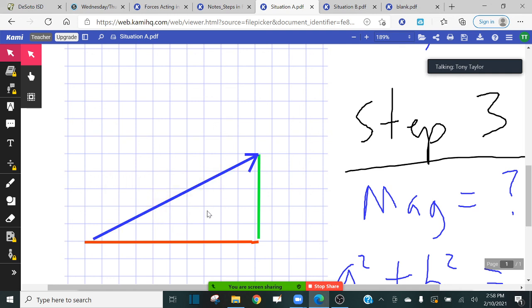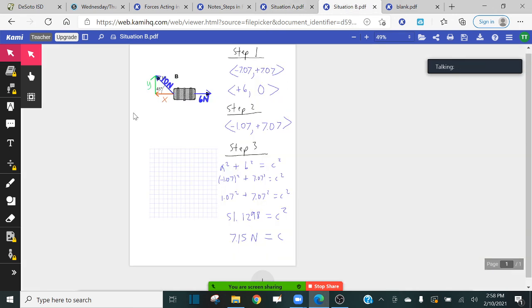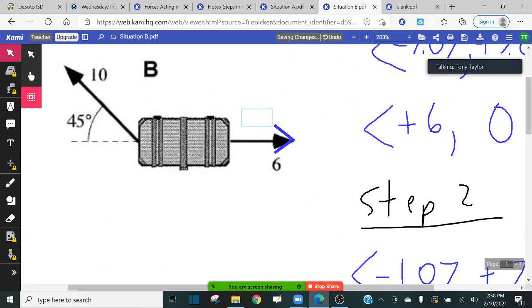Guys, what about in situation B? So this is situation A. In situation B, notice I have two forces acting on my object. I have one force pulling like this, and another force pulling like this. If I were to combine both those forces together, where would my treasure chest accelerate, in what direction?